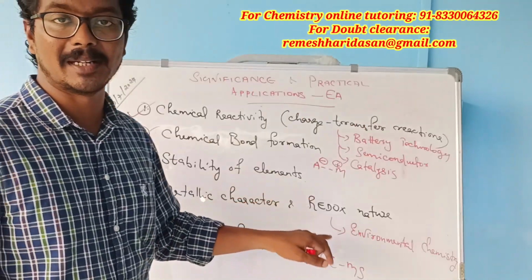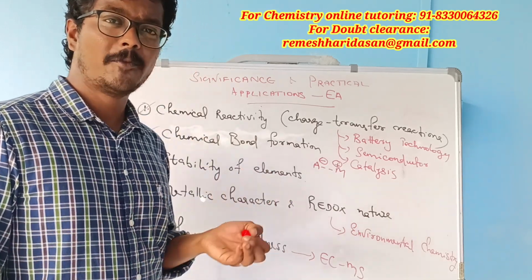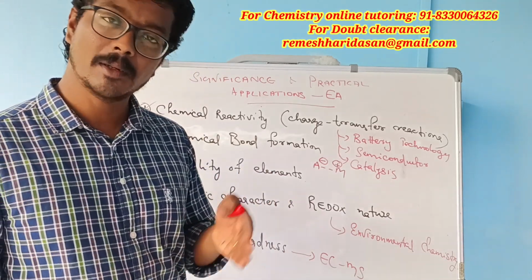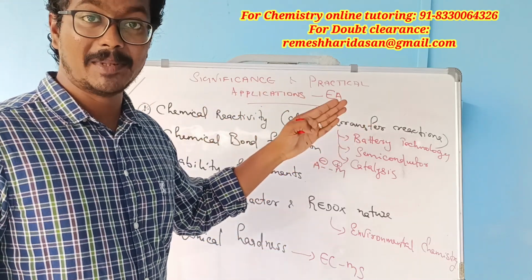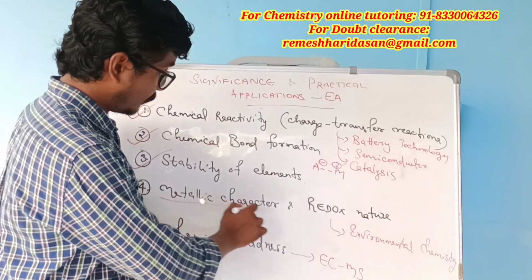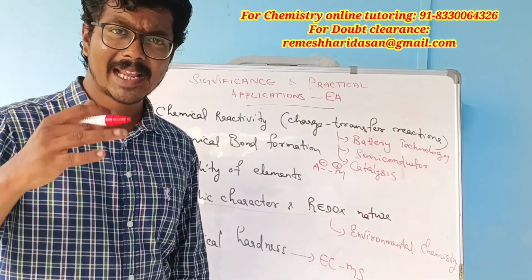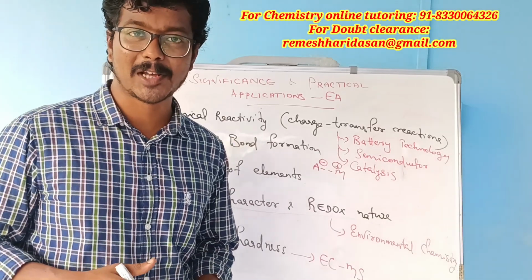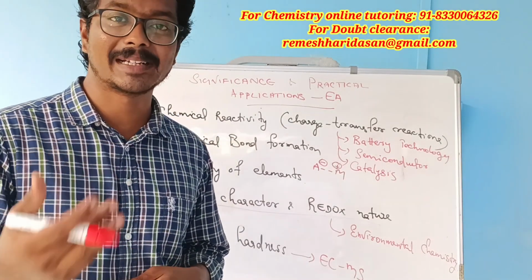And stability of an element. If the element has a half filled or fully filled electronic configuration or noble gas configuration, the electron affinity value is 0, which means they are more stable. The fourth one is metallic character and redox nature. Elements with a very high electron affinity have a very high tendency to accept an electron, so they undergo reduction.